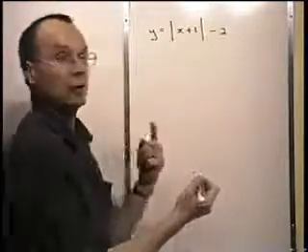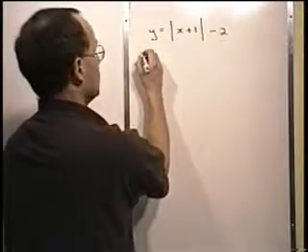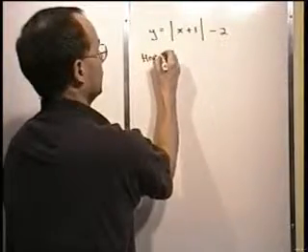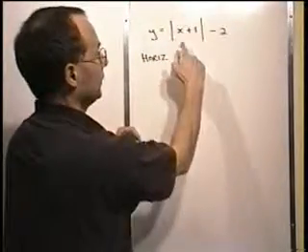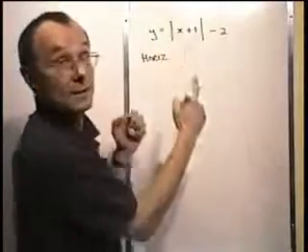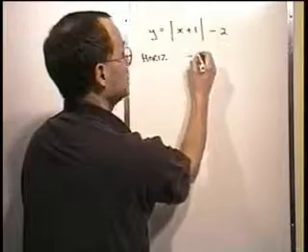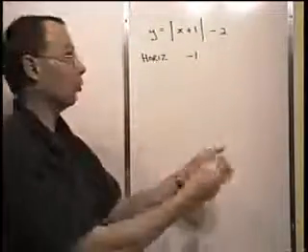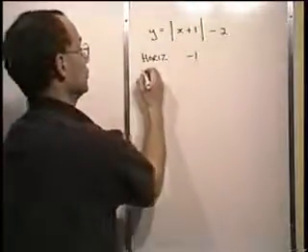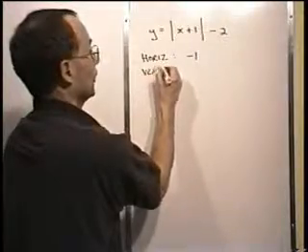Well, what you have to do is ask yourself, okay, horizontally, what's going on? Well, in here, inside the function, I have x plus 1. So that means I'm going to be shifting to negative 1, 1 to the left. Vertically, what's going on?